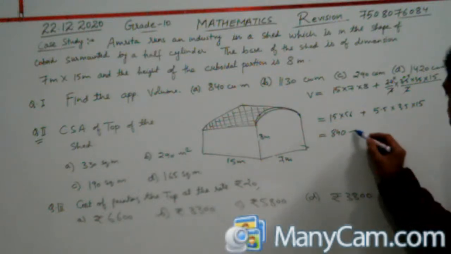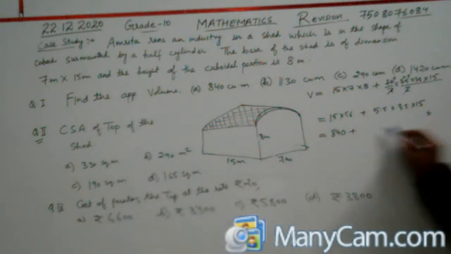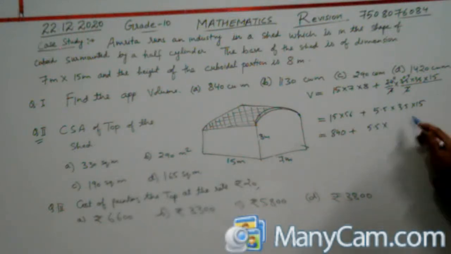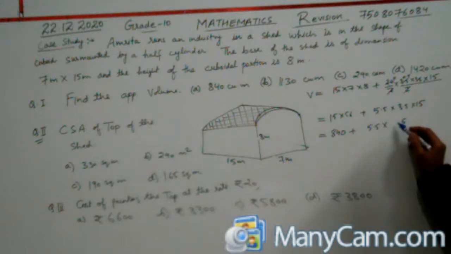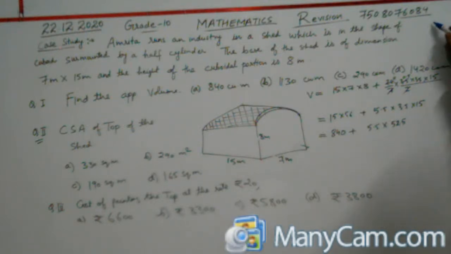And on this side we have to do the calculation. We have to find 55 into 35. 5 into 5 multiplied by 15: 5 5s are 25, 15 3s are 45, 45 plus 7 is 52. Again when we multiply with 5, 5 5s are 25, 10 plus 2 is 12, and 5 is 25 plus 1 is 26.